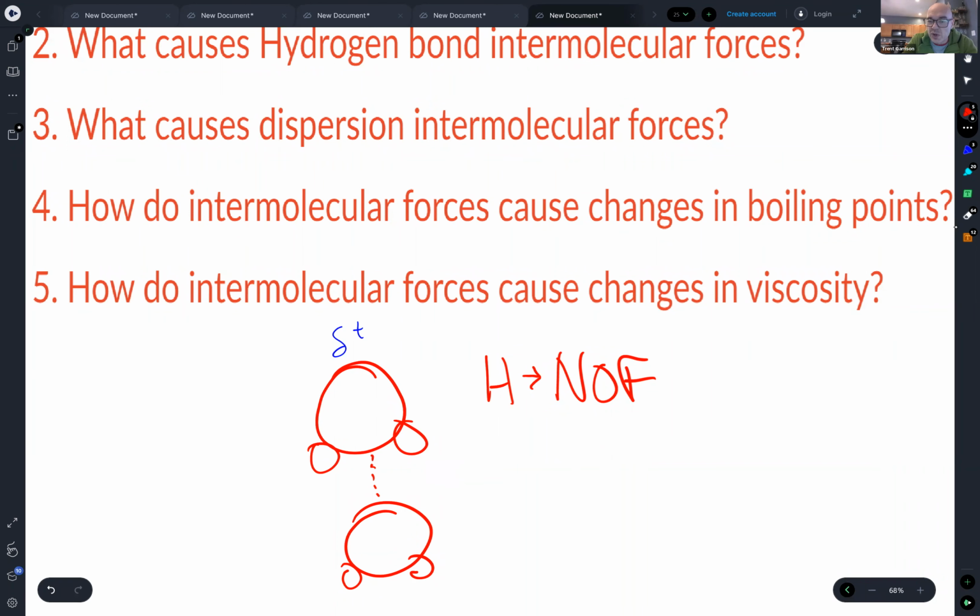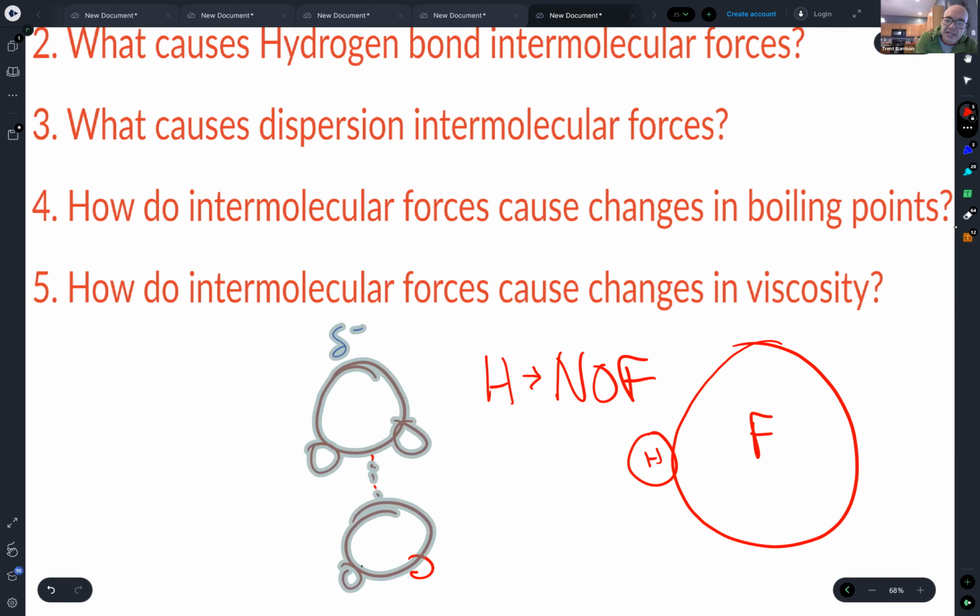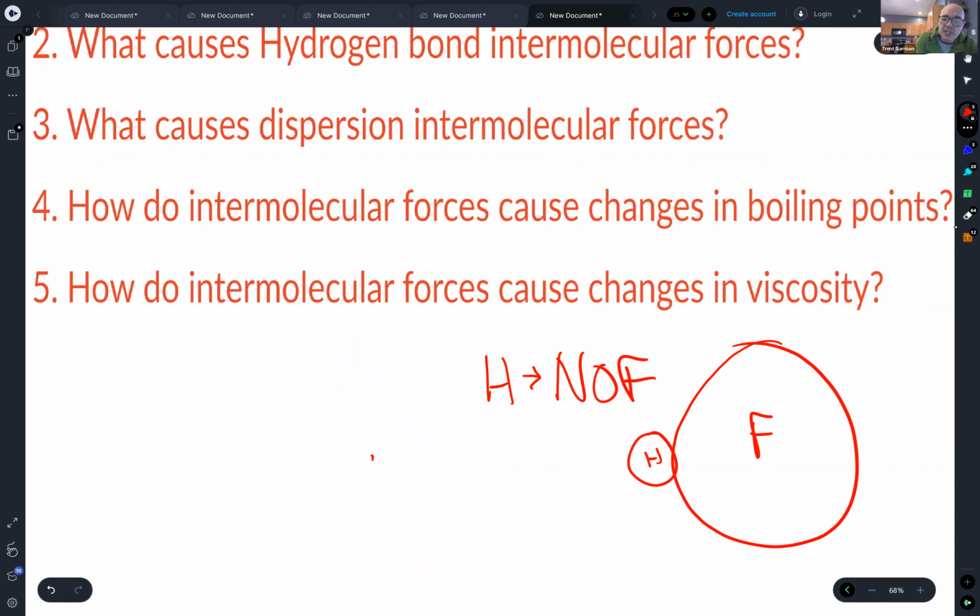But if we were to draw this more specifically, I could have hydrogen, which is much, much smaller than the fluorine is, and it would then be attracted to another molecule over here because there's such a discrepancy, such a difference in their charges because of this size.